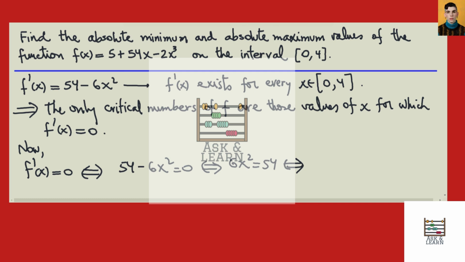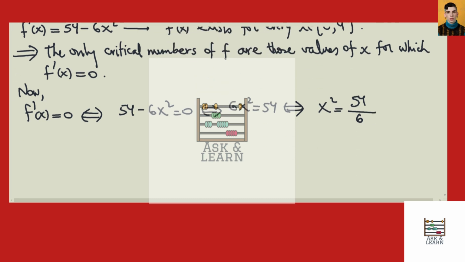And this is the same as x squared equals 54 over 6. And this is the same as x squared equals 9. And this is the same as x equals 3 or x equals negative 3.